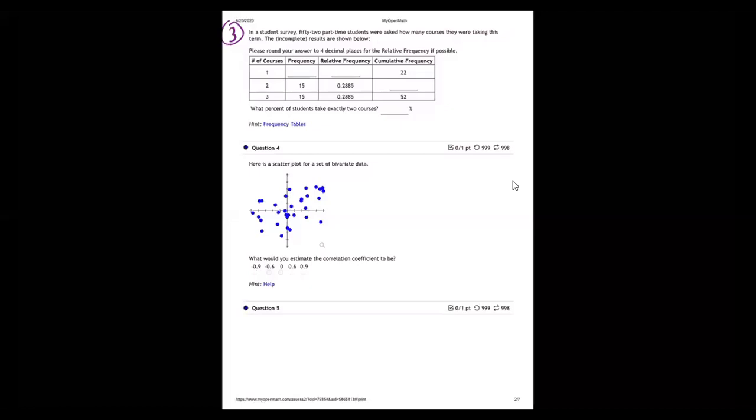In this one, they're saying a student survey, 52 part-time students were asked how many courses. It's really a lot like the last one. 52 students, how many classes are they taking? So you might have one similar, maybe a little different. What do you think this box right here is going to be?